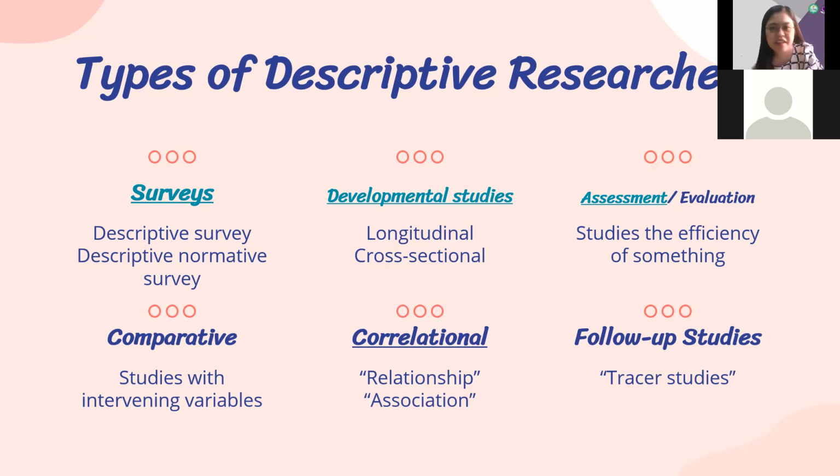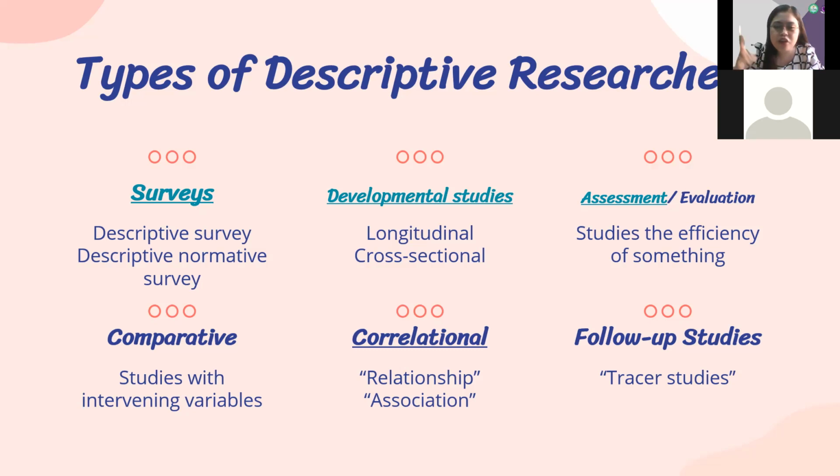Okay? Now, how about the correlational? From the word itself, correlational, we are determining here the relationship or the association of our variables. And how do you know that your study is a correlational one? Also look at your statement of the problem.